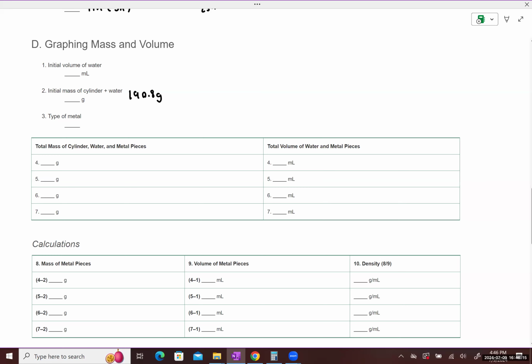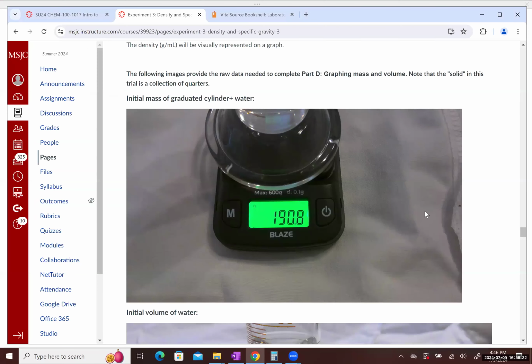The type of metal, we're going to be looking at a series of quarters. And by the end of this lab, we're going to be able to estimate what is the metal composition of a quarter via density.